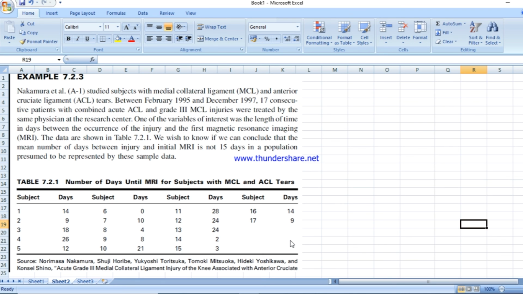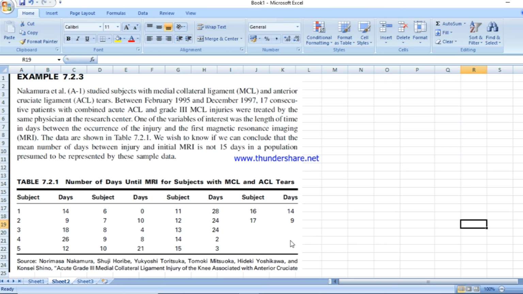Between February 1995 and December 1997, 17 consecutive patients with combined acute ACL and grade 3 MCL injuries were treated by the same physician at the research center. One of the variables of interest was the length of time in days between the occurrence of the injury and the first magnetic resonance imaging, that is MRI. The data is given in the table.